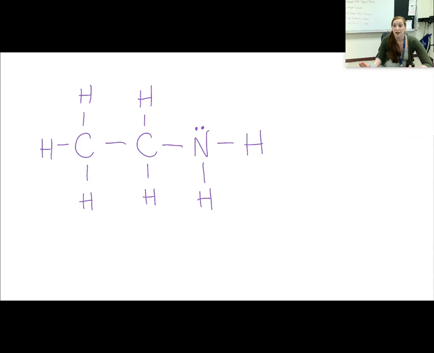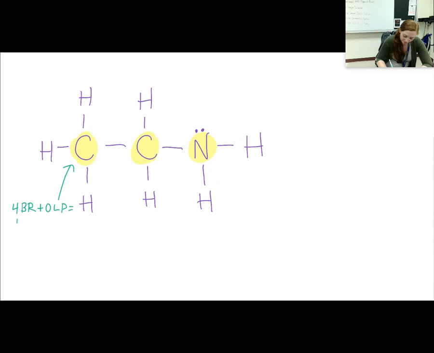Now that that Lewis structure is finally done, we have 3 central atoms to assign geometries to. So 1, 2, 3. We're going to need to look at each one of these. The carbon here has 4 bonding regions and 0 lone pairs. That gives me 4 electron regions. Checking your chart, that's going to be tetrahedral for my geometry.